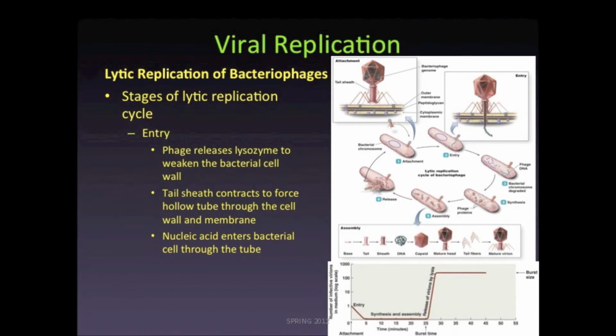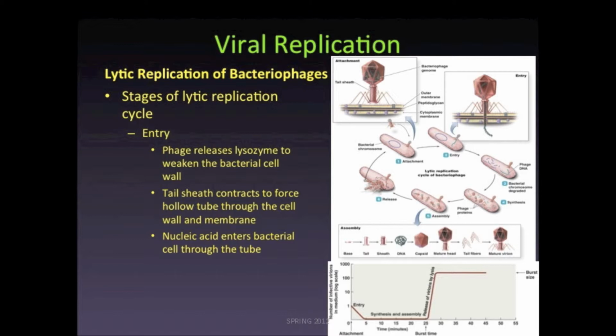After attaching to the bacterial cell, the phage injects its DNA into its host. This step is known as entry or penetration. In order to carry out this process, the phage releases an enzyme known as lysozyme. Lysozyme degrades part of the cell wall. The tail sheath of the phage is observed to contract as the phage nucleic acid is injected into the cell.